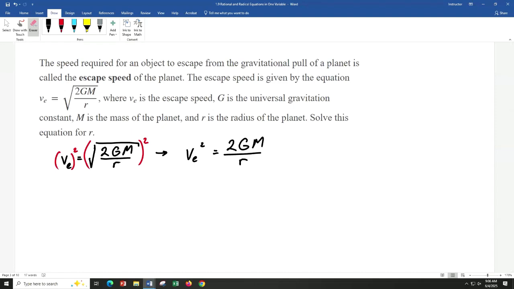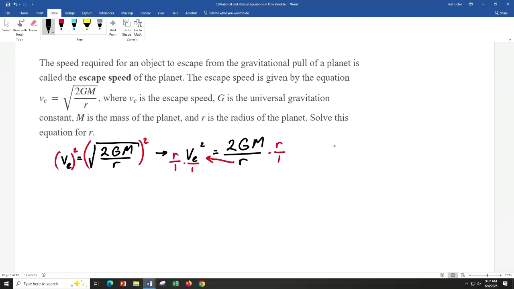Instead of multiplying by the inverse, realize we're dealing with a proportion. A proportion is anything equal to something else, which means I can cross multiply. Or multiply everything by R over 1, which is the same as cross multiplying.